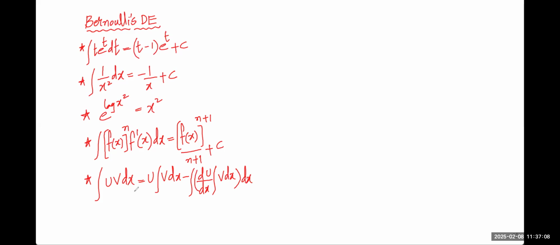This is integration by parts, and you have to apply the ILATE rule here. Next we have one more very important formula, the Leibniz expansion or Leibniz theorem.